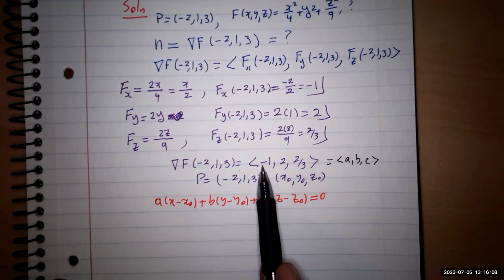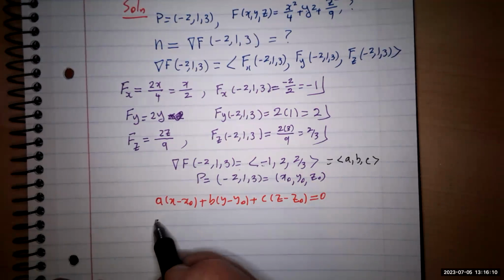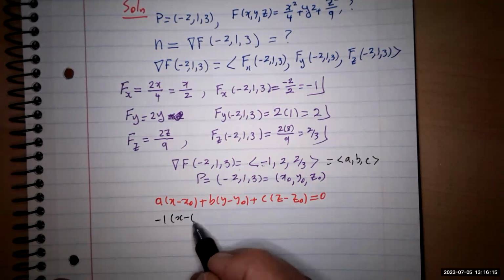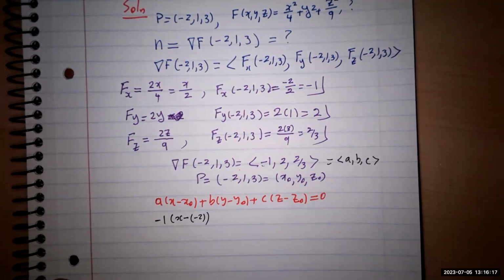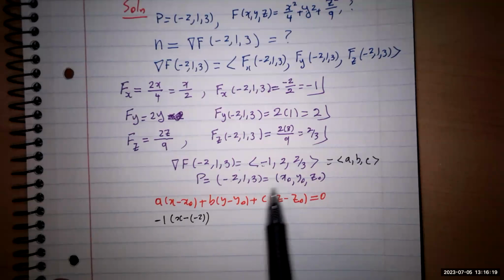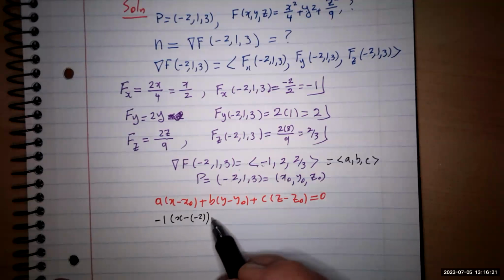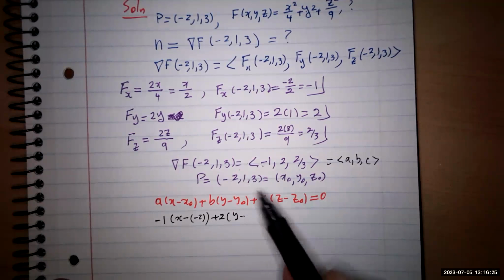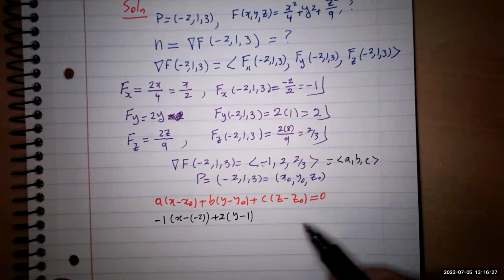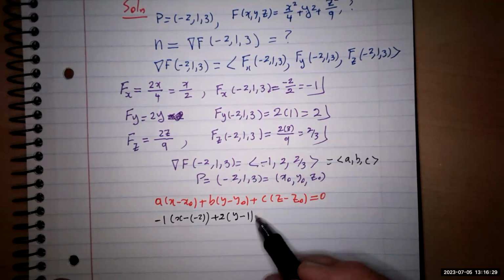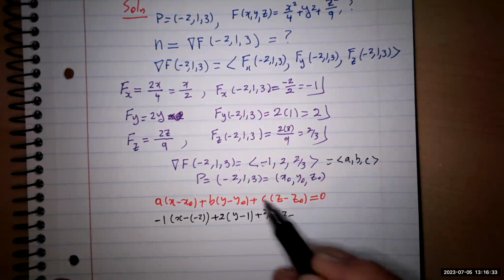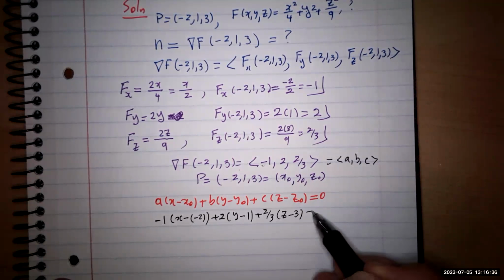Okay, so my A is negative 1, so it's going to be negative 1 times x minus x0, which is negative 2, so negative 2. B is 2, it's going to be 2 times y minus y0, which is 1. Plus C is 2/3. Okay, 2/3 times z minus z0, which is 3, equal to 0.